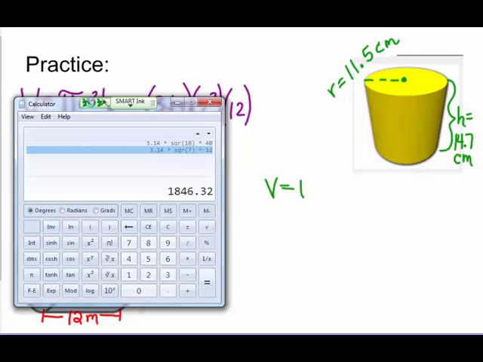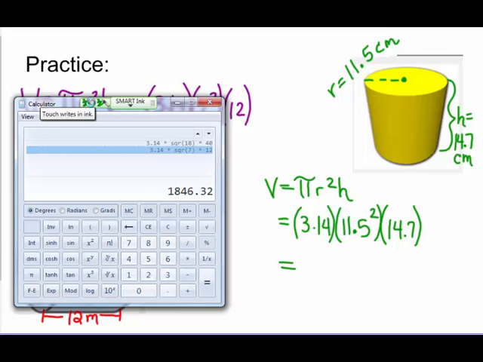The volume equals pi times the radius squared multiplied by the height, using 3.14 multiplied by 11.5, the quantity squared, multiplied by 14.7.